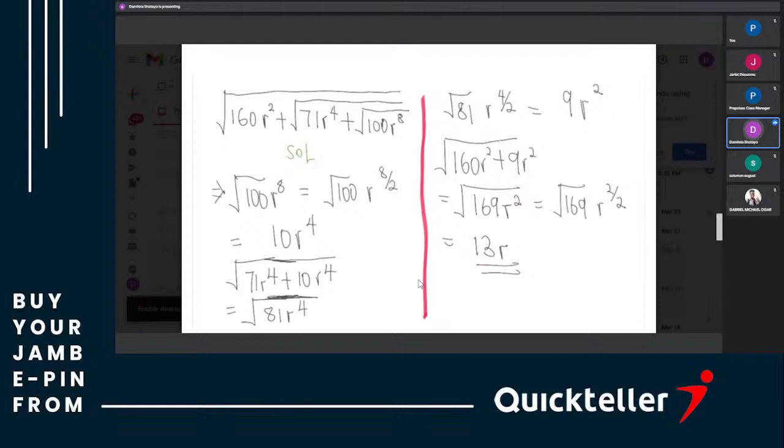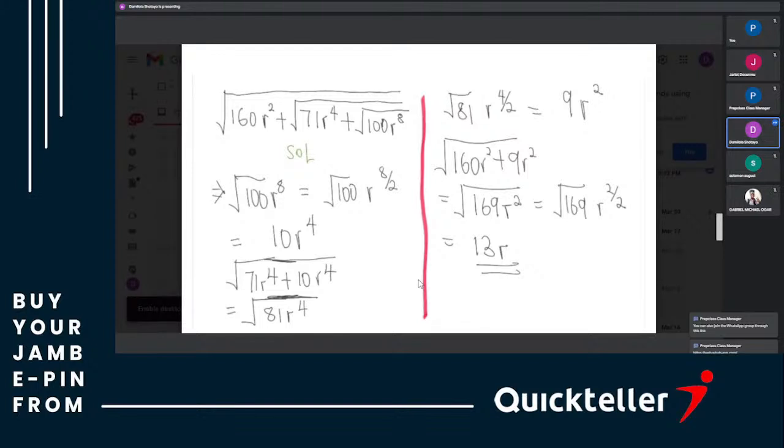Like if I have a raised to power 1 over 2, that 2 below will become a root. So root can become power, and power can become root. If root is trying to become power, it will become divided by whatever root it is. Like in this case now, square root will become divided by 2.